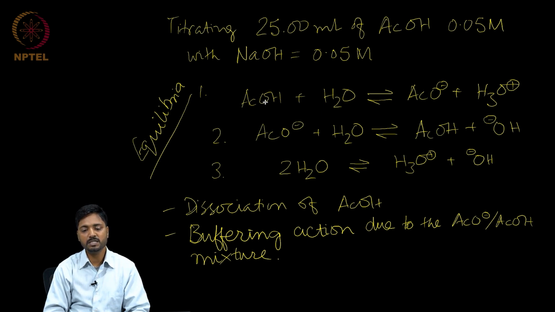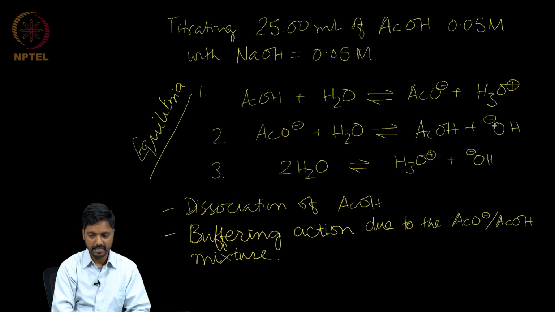And for each acetic acid that undergoes dissociation, we create a hydronium ion. For each acetate anion undergoing protonation, we create a hydroxyl anion.